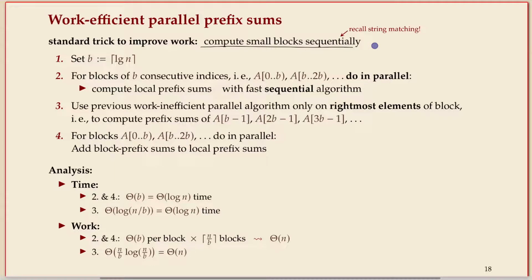If you can reduce the size of the problem enough so that this work inefficiency doesn't carry through, and the blocks are small enough for the sequential algorithm to still be fast, you can improve overall.